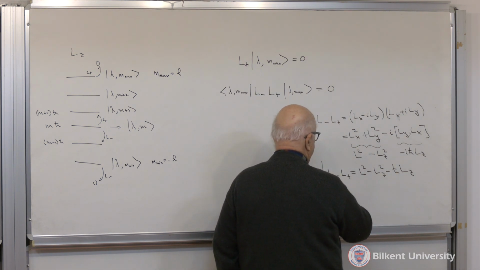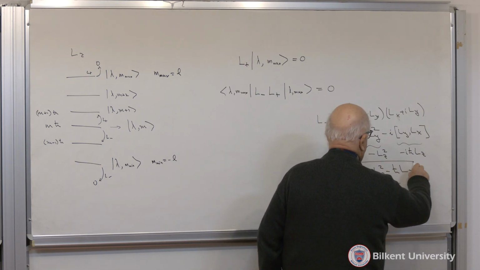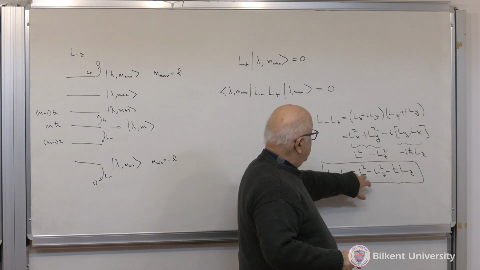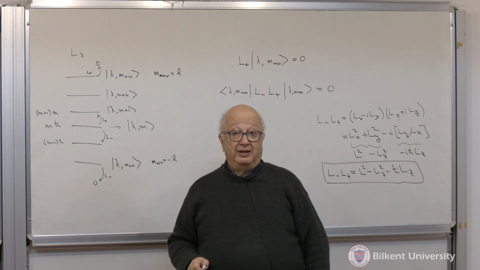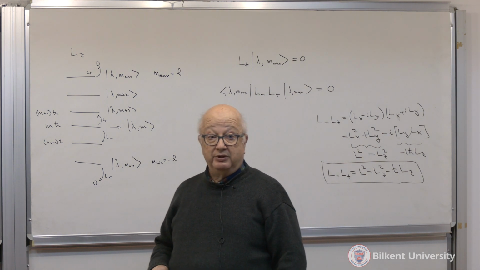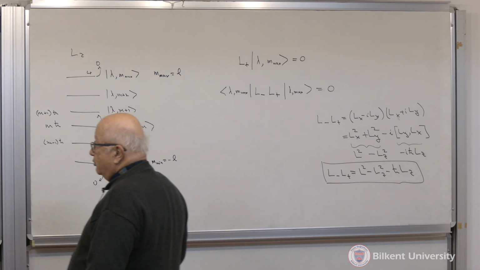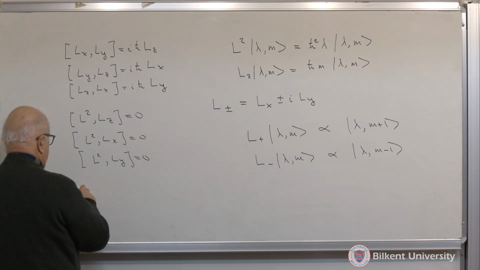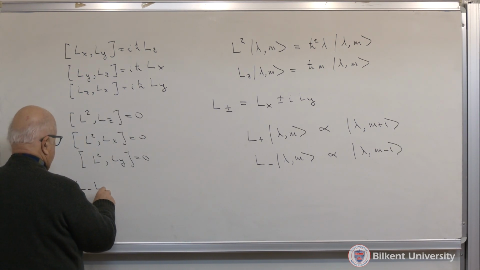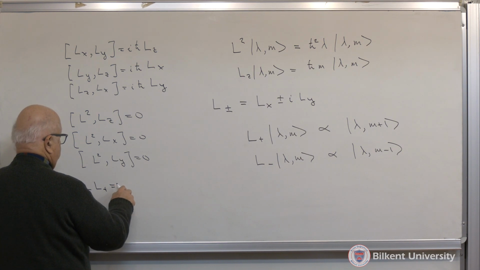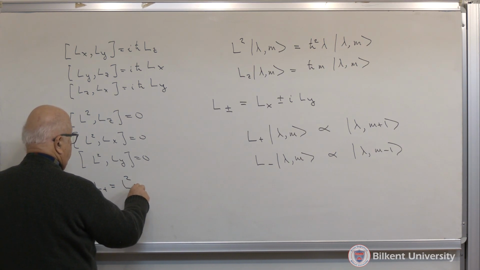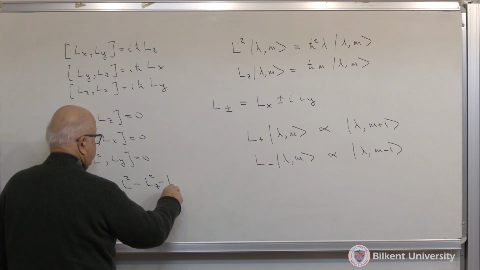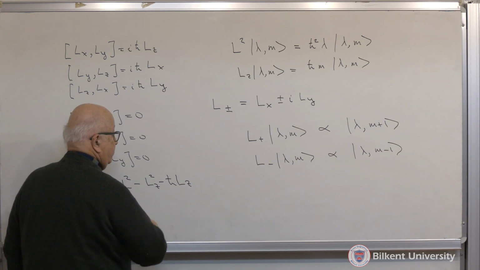What's nice about this is that the eigenstates that I have here are eigenstates of these operators, L squared and Lz, so it makes my calculation possible. So in fact, so important, I'll put this on this board also. L minus L plus is equal to L squared minus Lz squared minus h bar Lz.